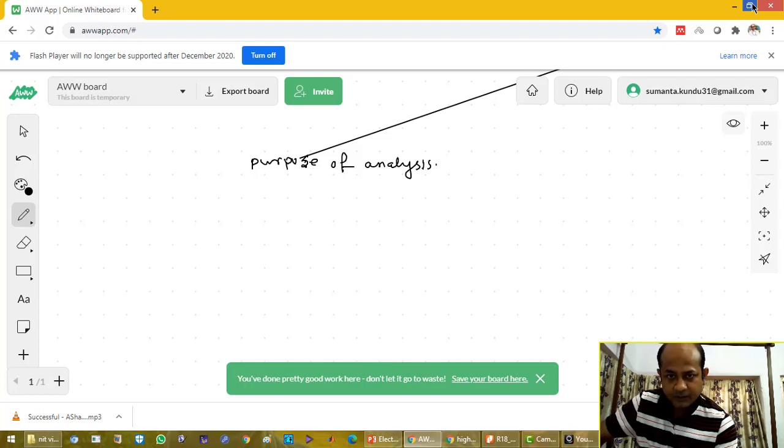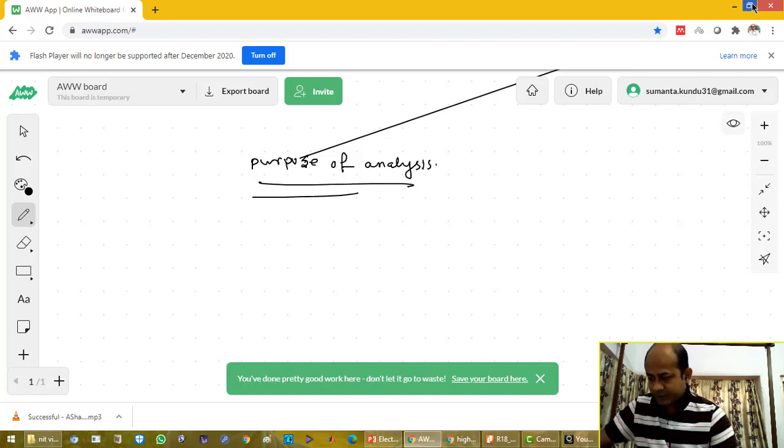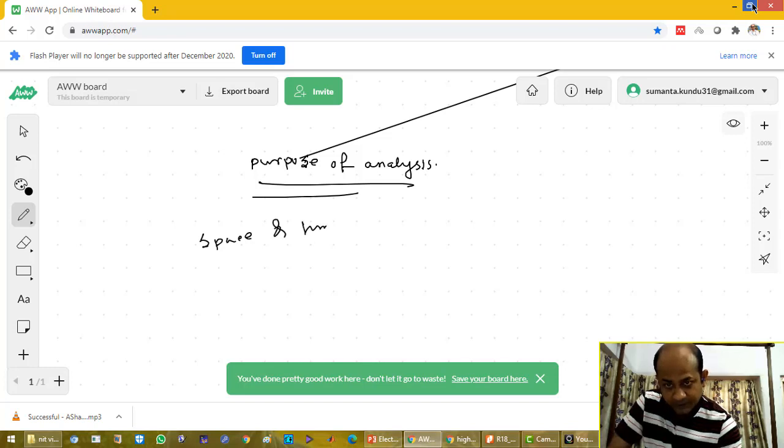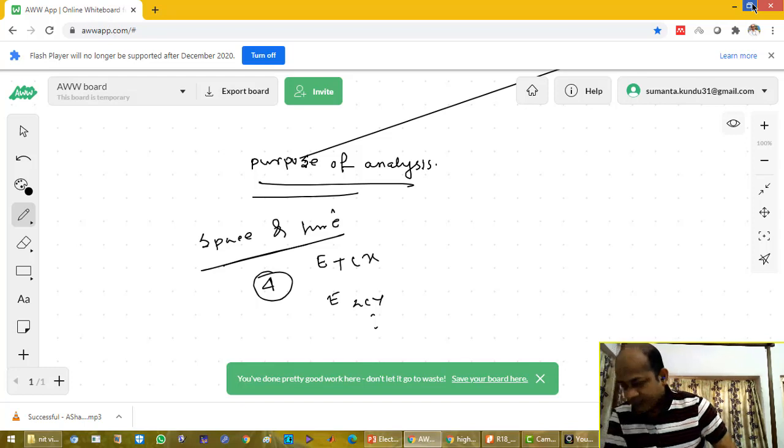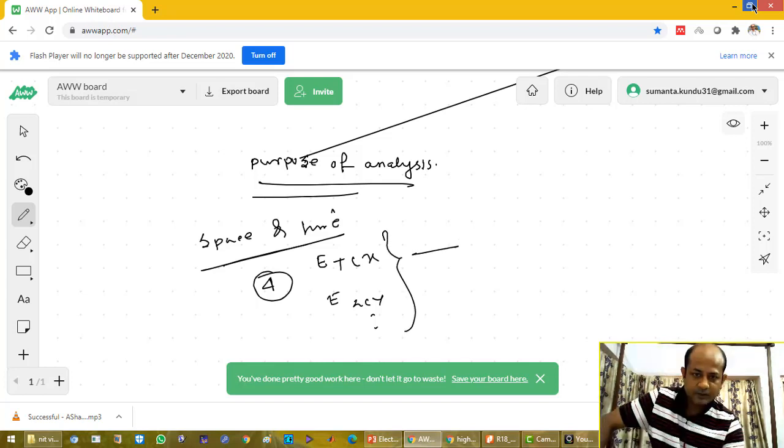The task is to locate each of them in space and time, that is, in a phasor diagram. We can place these four quantities, ETCX, ESCY and so on, in space and time according to the phasor diagram, so that we can develop the expressions of all the forces, and prove how the torque is produced.